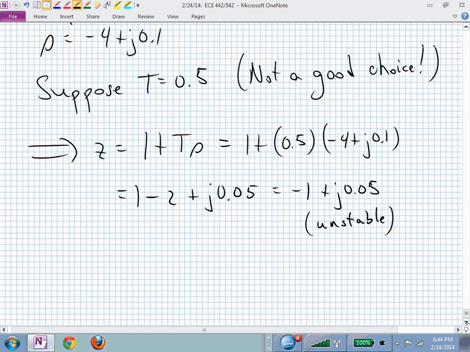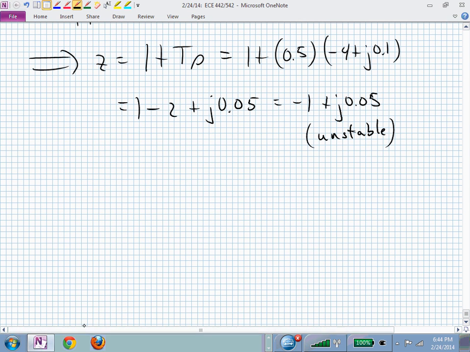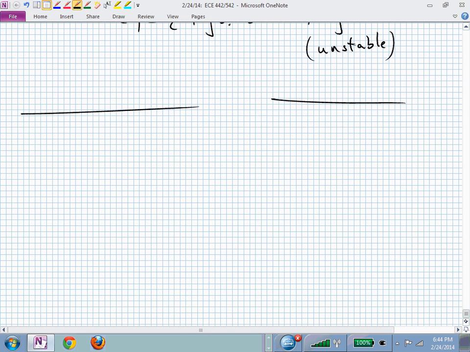Now, it's possible to show that for the backward and the trapezoid, they actually produce stable results.